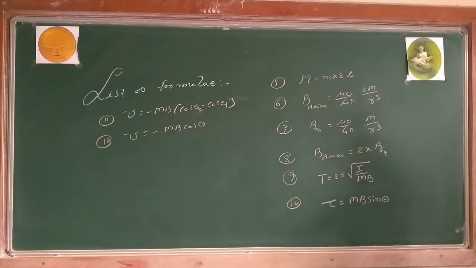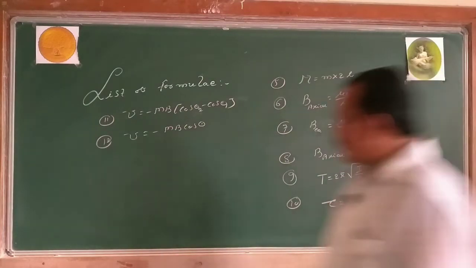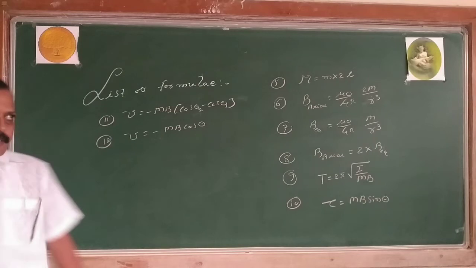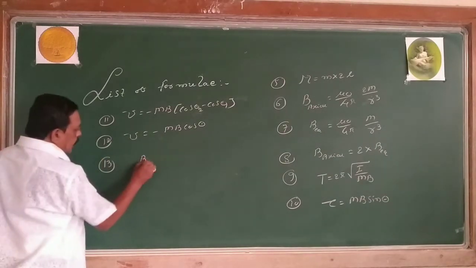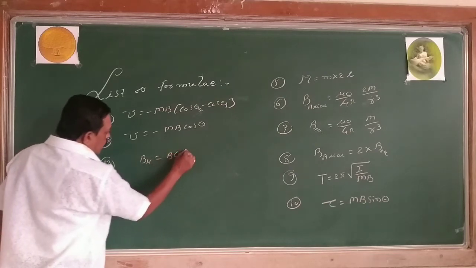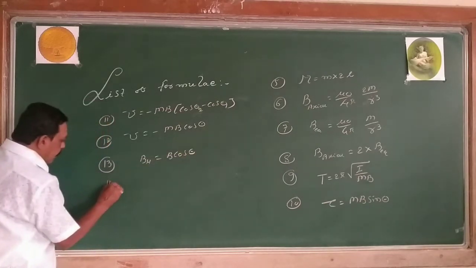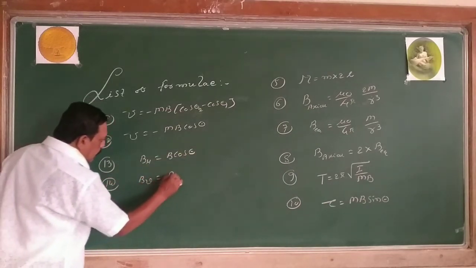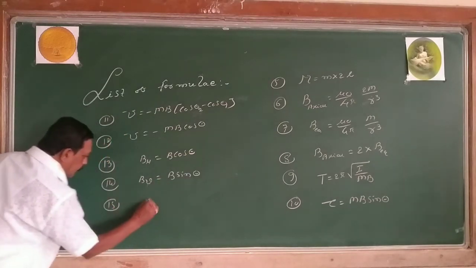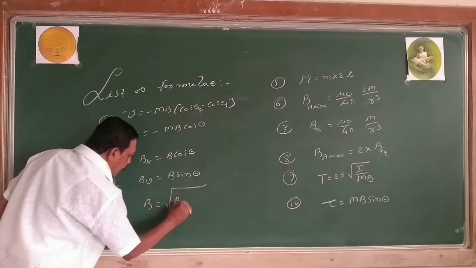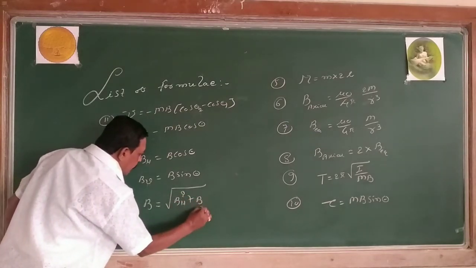Then after this, we come across Earth's magnetic field. In that case, the horizontal component BH equals B cos theta, and the vertical component BV equals B sin theta. The resultant magnetic field B equals under root of BH square plus BV square.